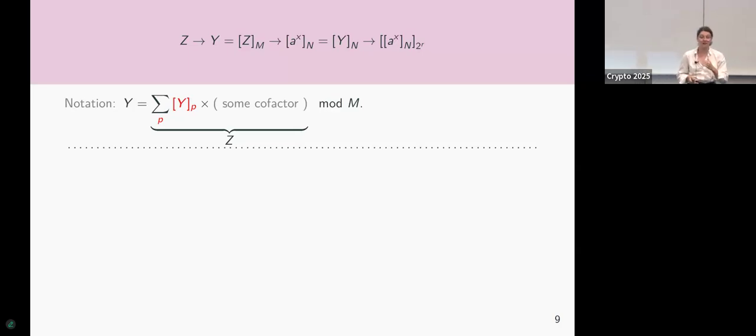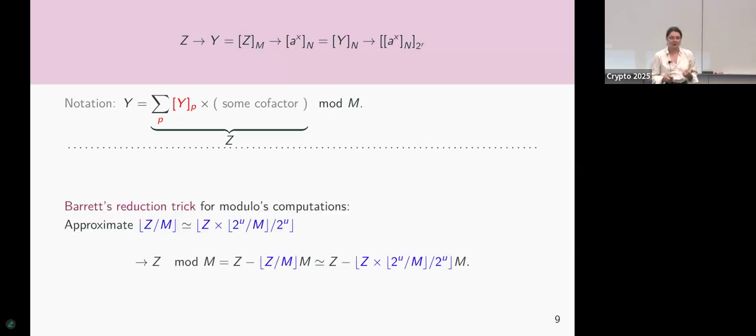So in order to ease things down for us, we will use Barrett's reduction trick in order to compute these modulos. Precisely, what Barrett tells us is that you can find an integer u such that the integer part of z divided by big M will be equal to this kind of integer part right here with very good probability, depending on u.